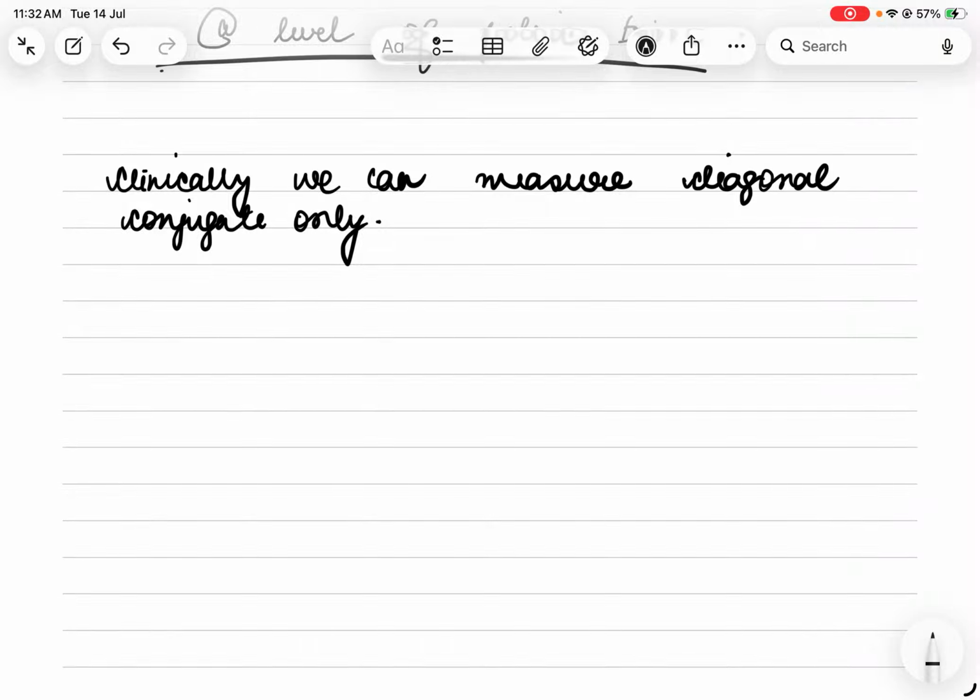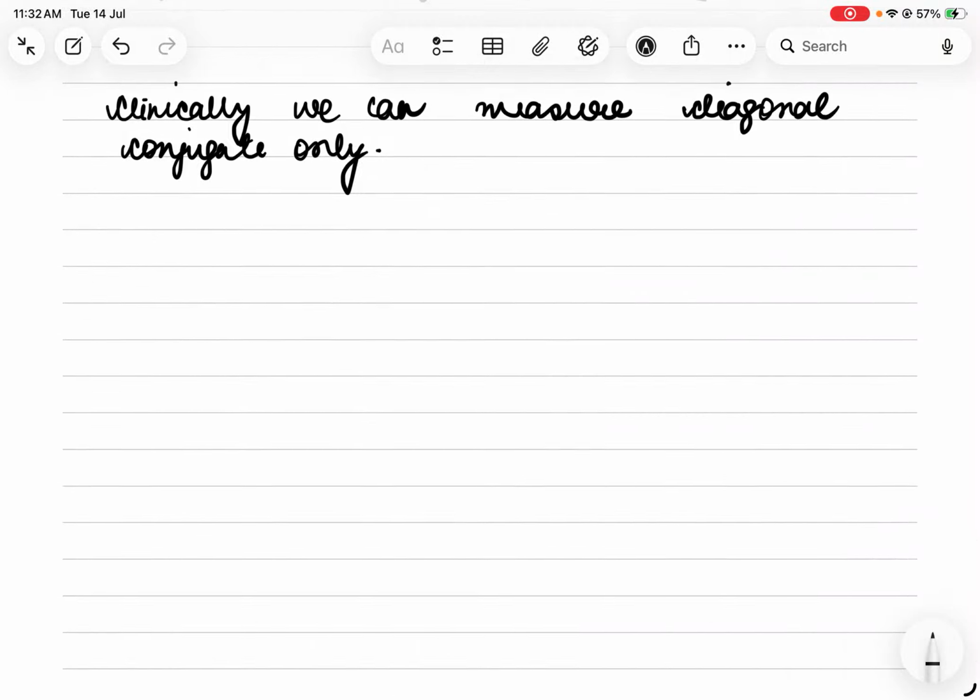If the sacral promontory is not palpable, that means the diagonal conjugate is greater than 12 centimeter.